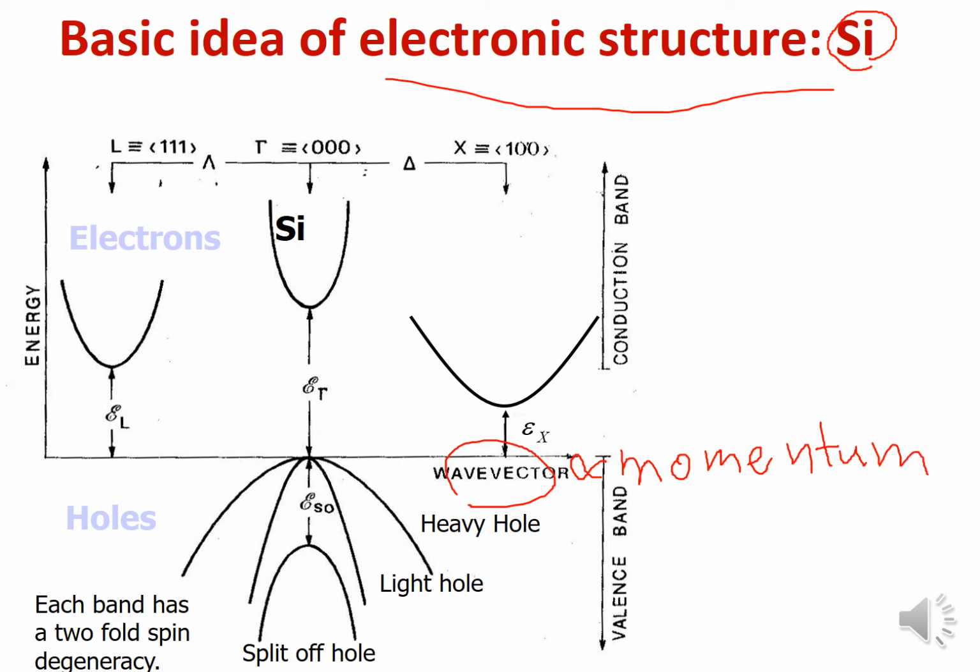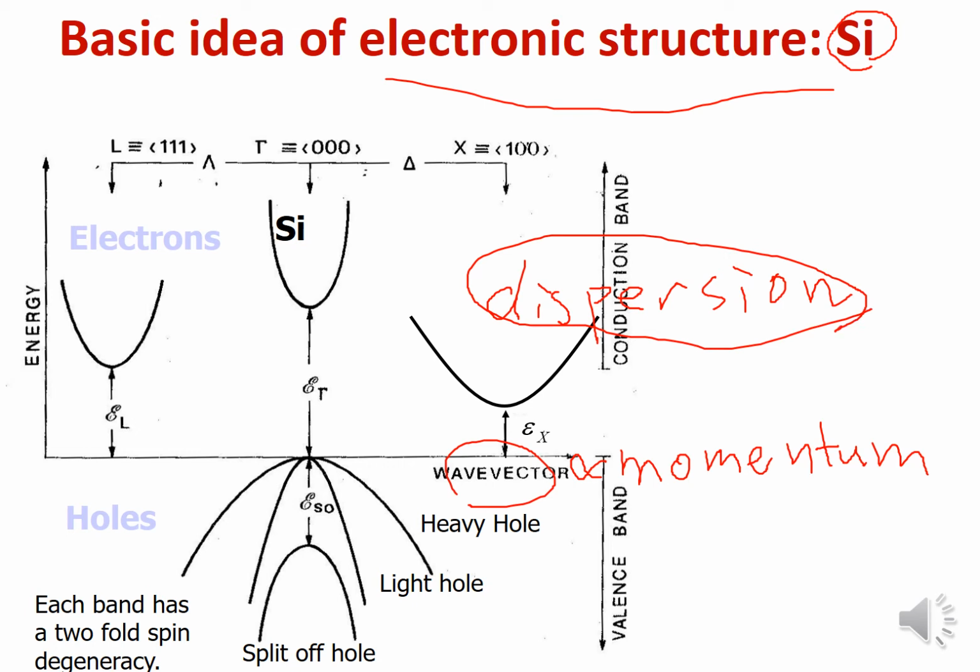Sometimes we call this a dispersion, because the energy-momentum relationship was originally discussed for photons. In the case of photons, the energy-k diagram is sometimes called a dispersion.